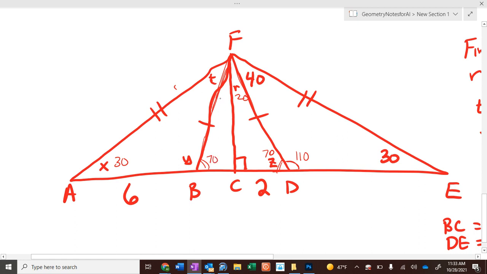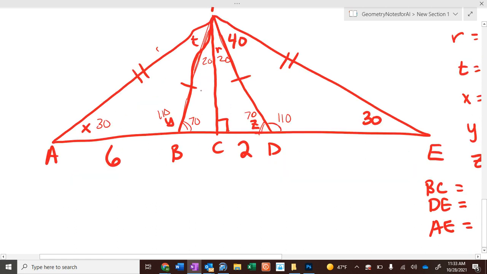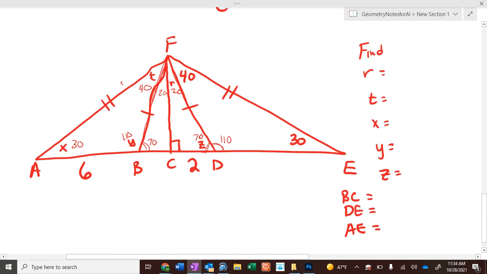And by hypotenuse leg, that makes this 20. If this is 70, this is 110, right? Okay. What's angle T up there at the top going to be? That's going to be 40 because we've got congruent triangles going on. So R is 20, T is 40, X is 30, Y is 110, Z is 70.